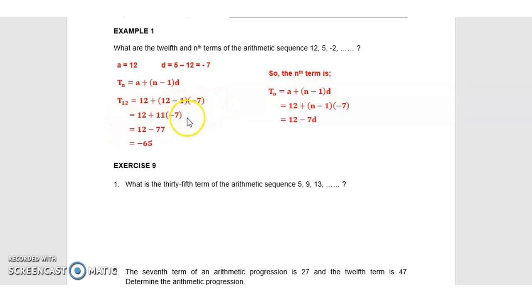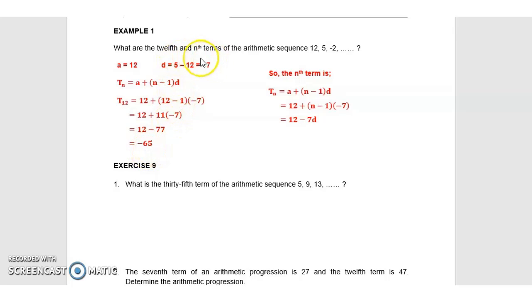When you solve this, 12 minus 1 is 11. 11 multiplied by negative 7, you will get negative 77. So 12 plus negative 77 equals negative 65. What is meant by negative 65? The 12th term, the 12th number in the sequence, is equal to negative 65.